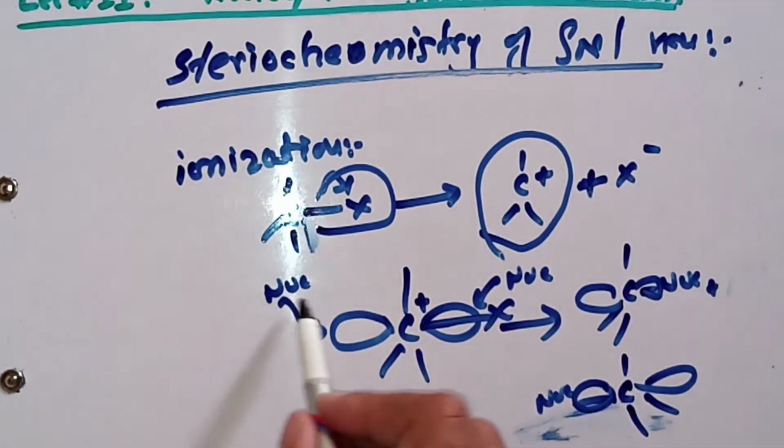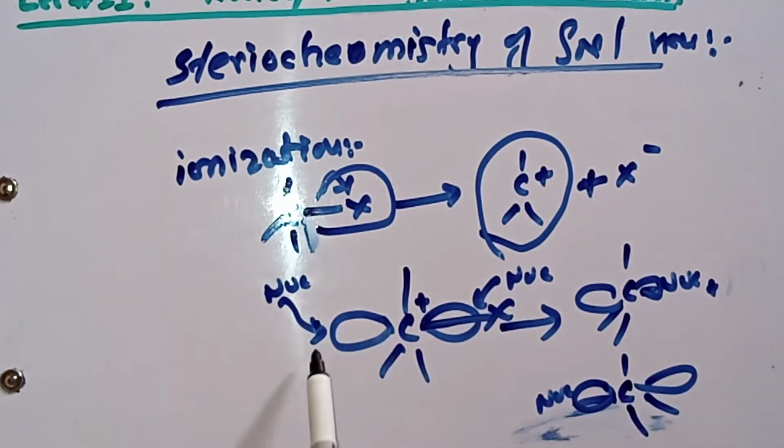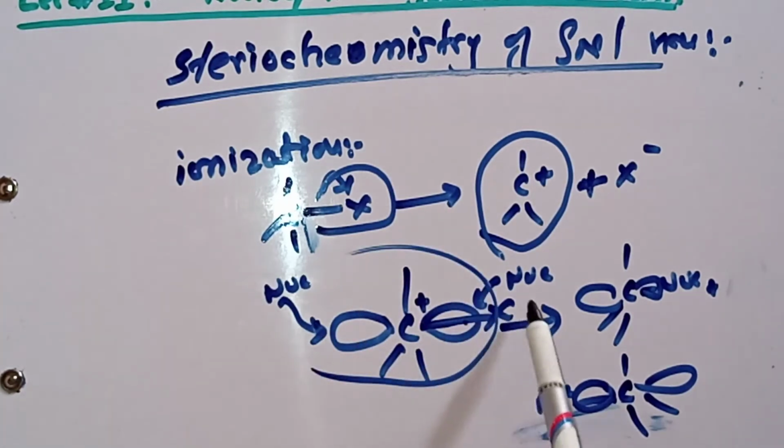When the nucleophile attacks from the back of the leaving group, from the side opposite to where the leaving group left the carbocation, it will be called inversion.